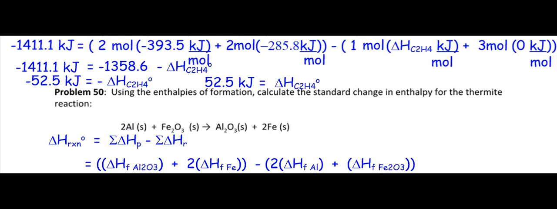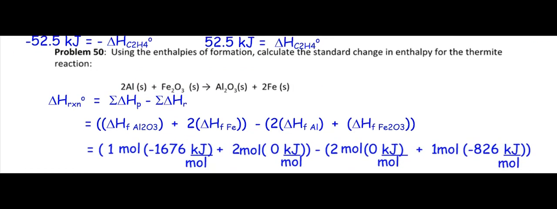Then what? I plugged in the values here. Notice iron and aluminum are both zeros. Isn't that wonderful? So really, what are you boiling down to? You're getting 1 mole of negative 1676 plus 0, which is negative 1676, minus a negative 826.